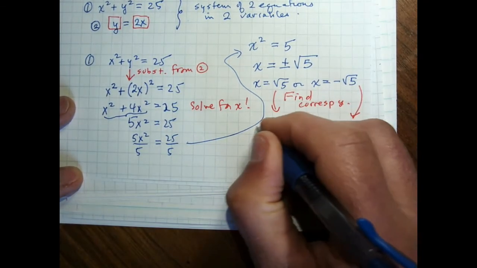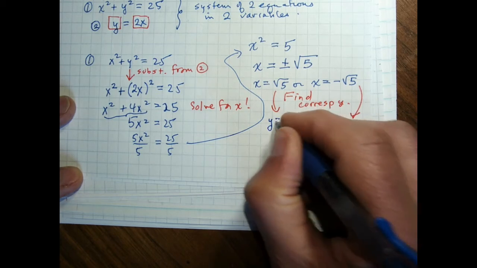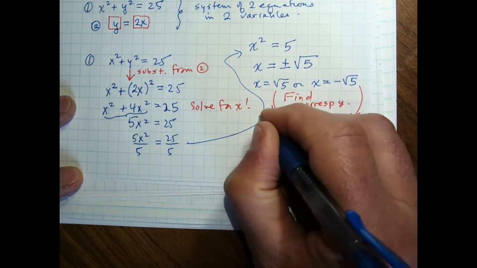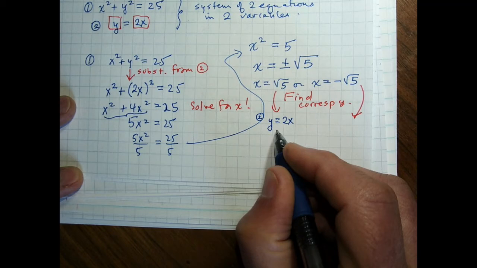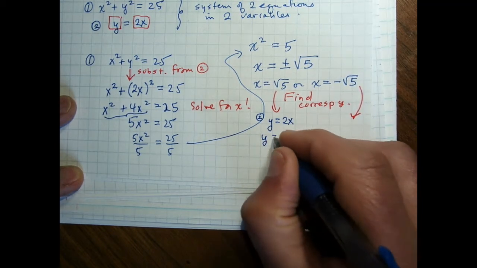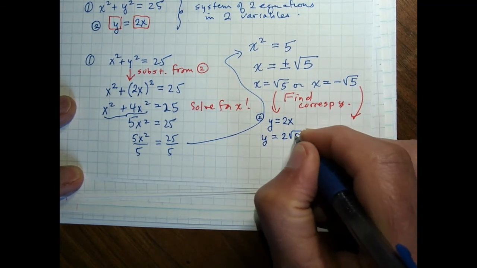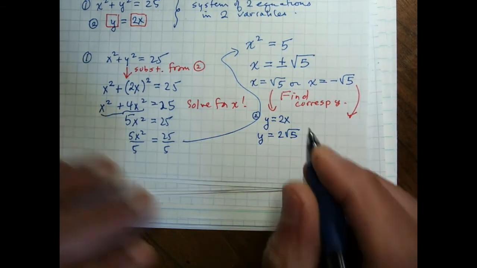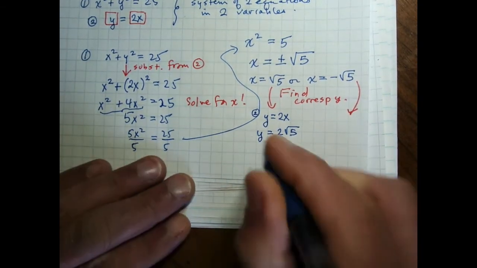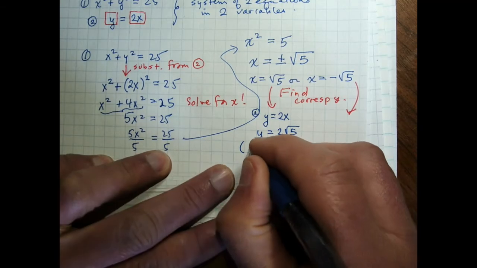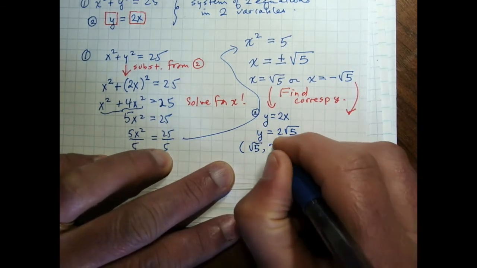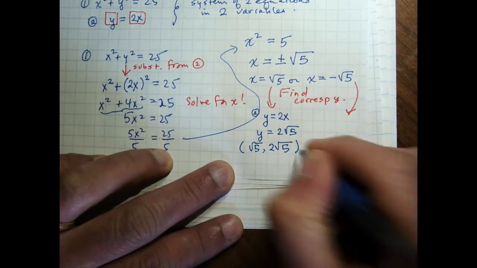I can go back to equation 2, the y equals 2x equation, and plug in y is equal to 2 times square root of 5, because it's 2 times that x value. So the point would be square root of 5, 2 square root of 5.